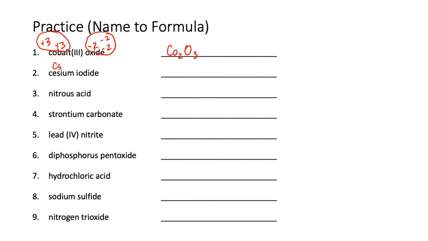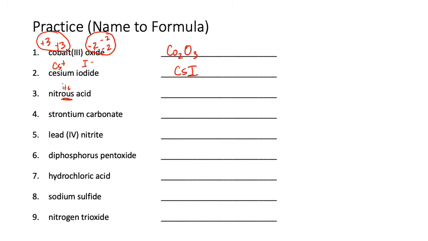Cesium, that's Cs. Iodide, that's I. This is going to be a +1. That's a -1, so CsI. Those charges balance out. Nitrous acid. Ous came from ite. So this is going to be nitrite.